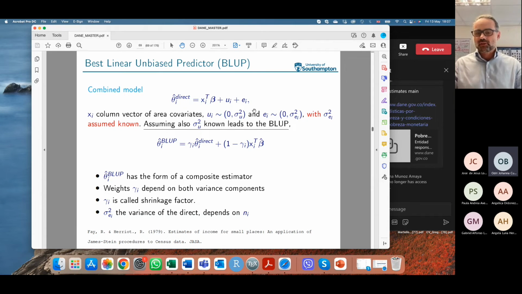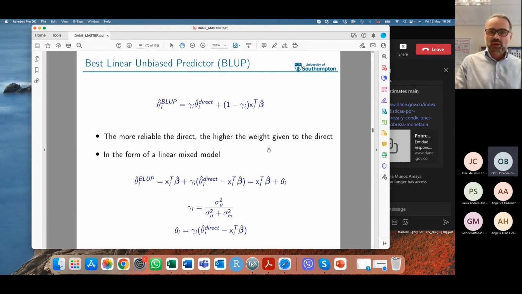Under that model, first of all, you assume that the sampling variances are known, as you have estimated them as part of your direct estimation. And to get the BLUP, you also for now assume that sigma squared U is known, and that will give you the form of the BLUP, which, as I said, is a convex combination between the direct and the regression synthetic part under the Fay-Herriot model.